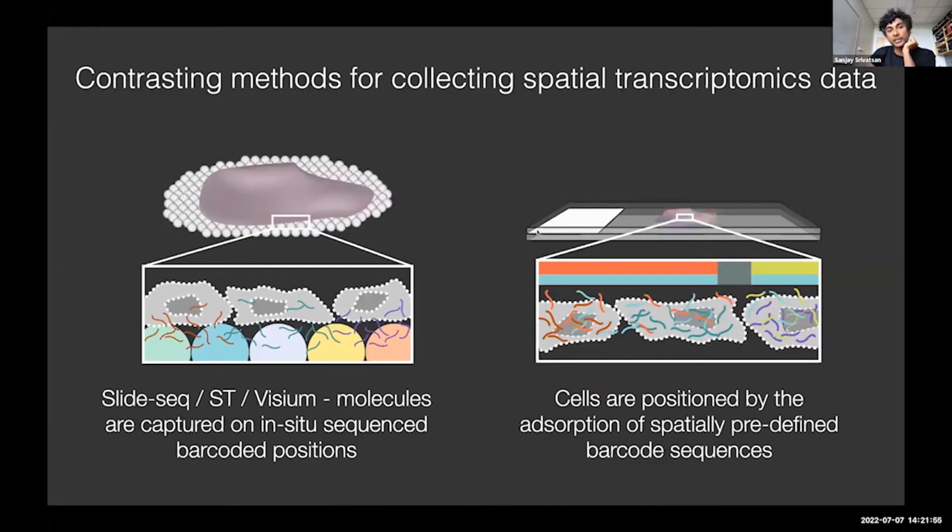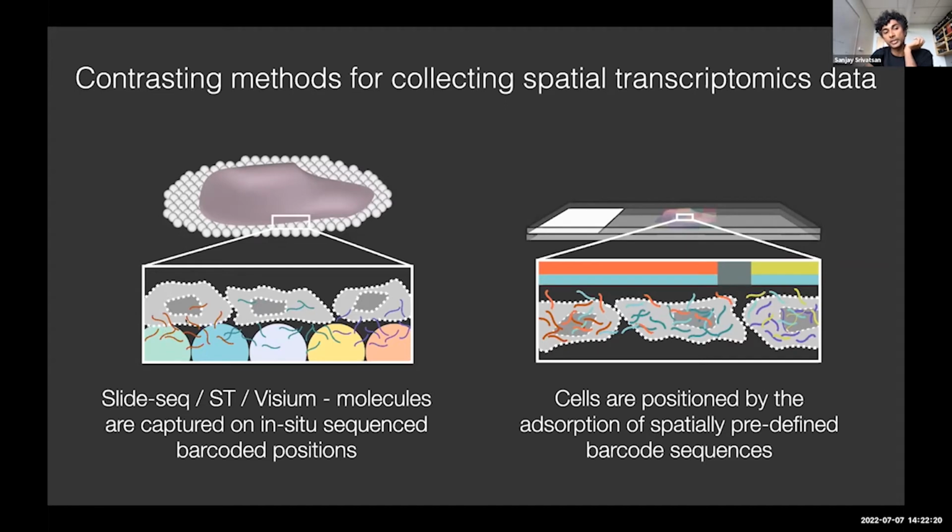So using this method here on the right, I just want to quickly contrast it with other methods of collecting spatial transcriptomics data. On the left, this is a more conventional approach where you're laying a tissue, this liver-looking structure, onto these beads. And what's happening here is that you're collecting the RNA from each of these cells onto these beads.